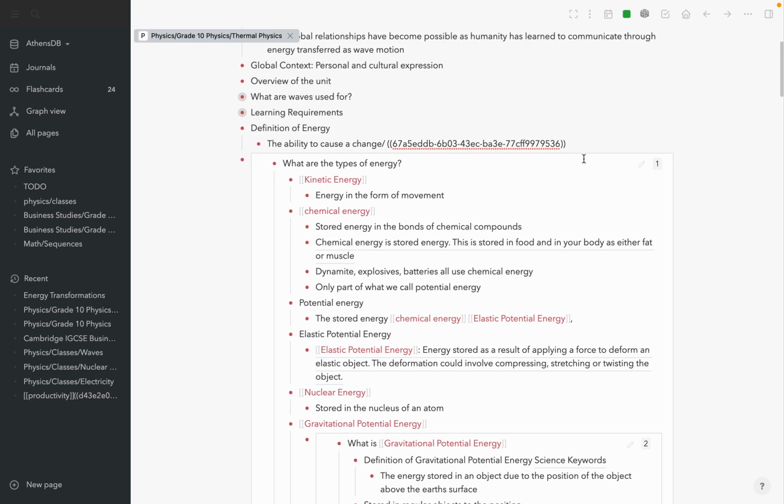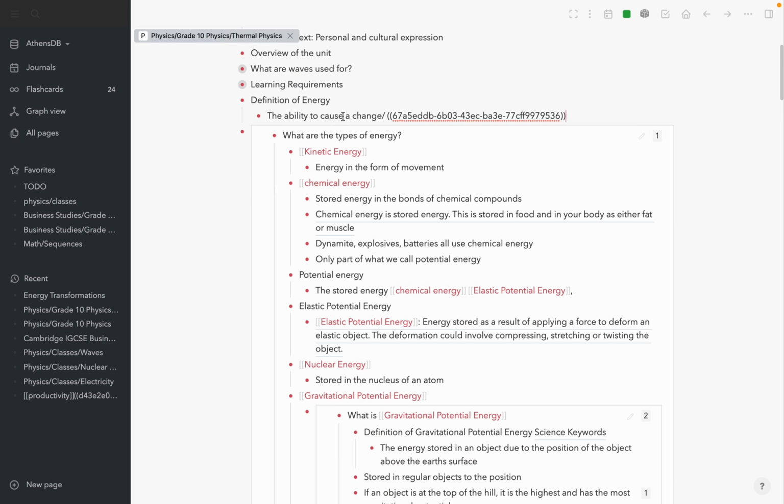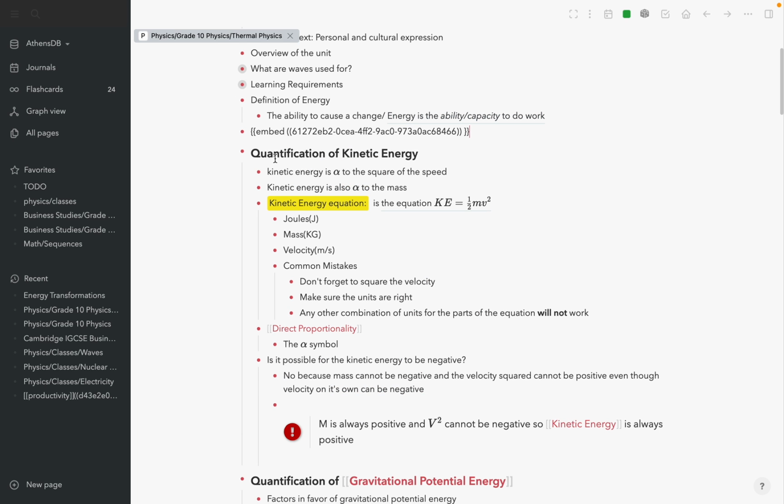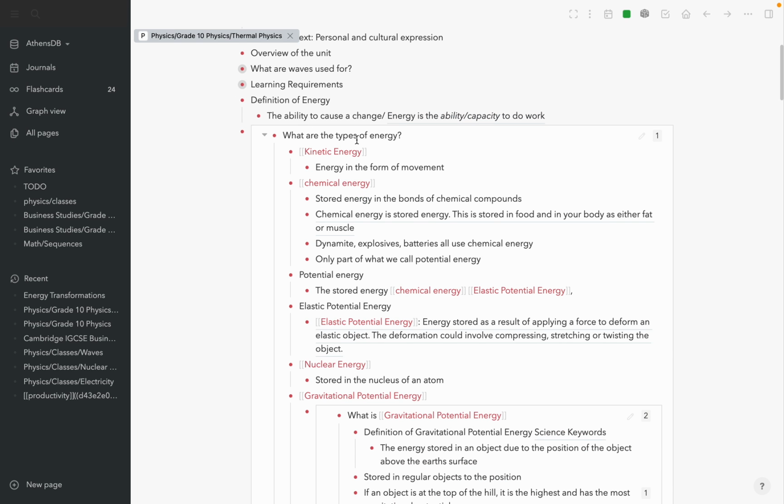Now, underneath this, you'll see this special kind of block. This is a block embed. So you can see here's the syntax for that. But what's special about this is that this block isn't actually defined on this page. This block is actually from the energy transformations page.